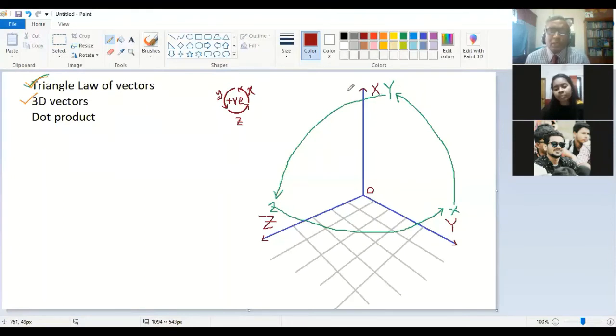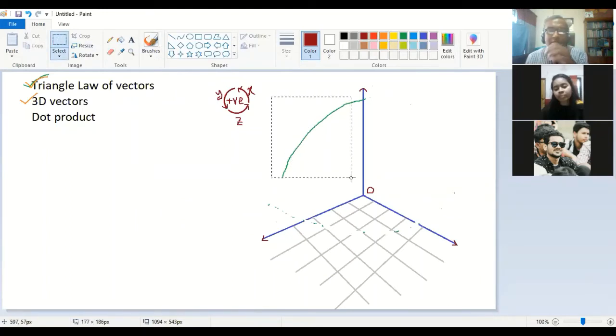So what I mean here, in our real life, normally we take the upper one as the z-axis. So the vertical one, the top direction or the bottom direction, usually we say the vertical one will be the z-axis.